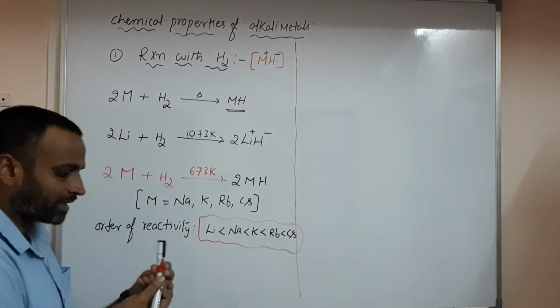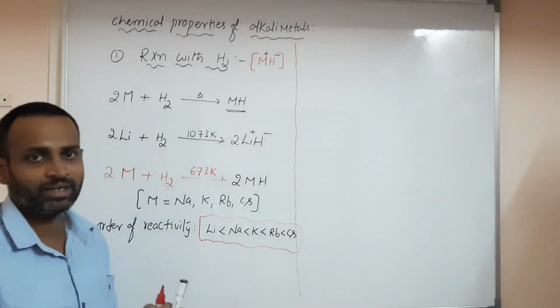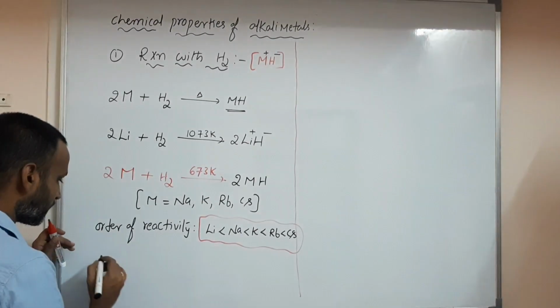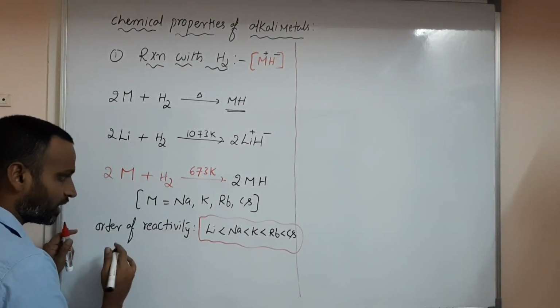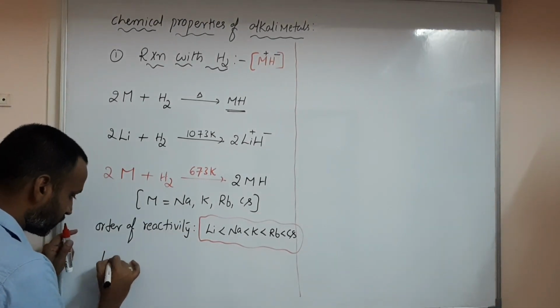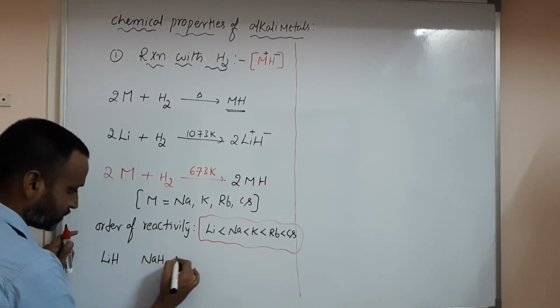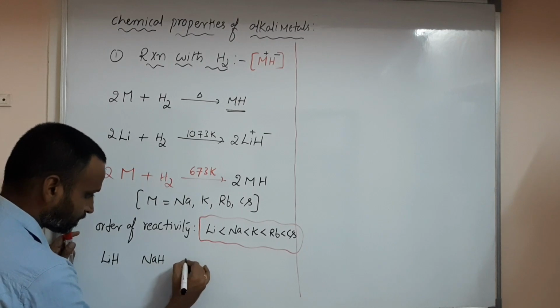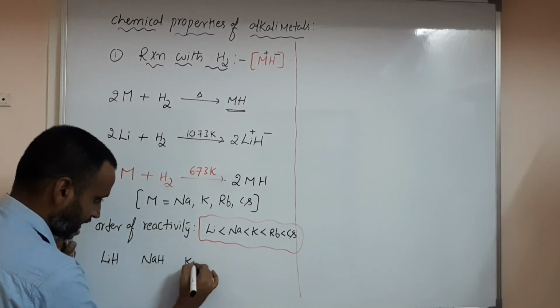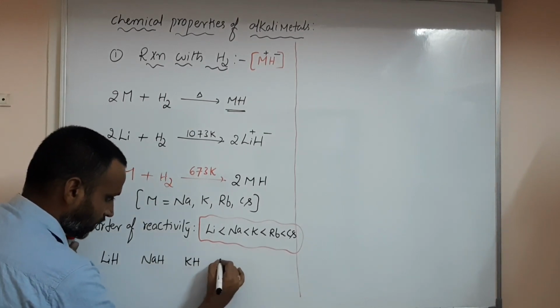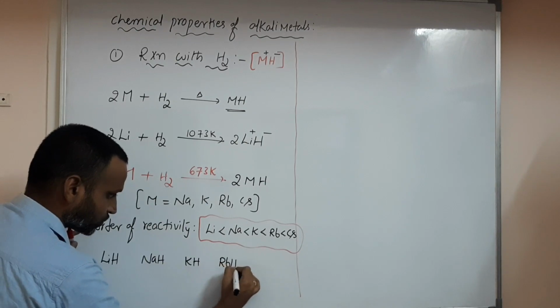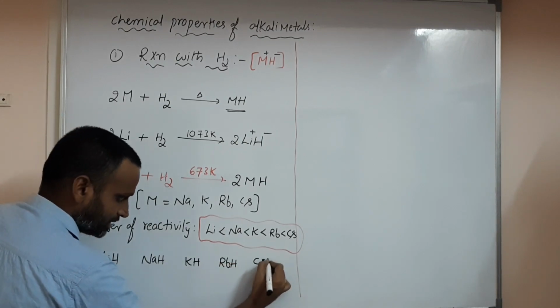That means who can react fast? Cesium can react fast. And going from lithium hydride to cesium hydride: LiH, NaH, KH, RbH, rubidium hydride and cesium hydride.